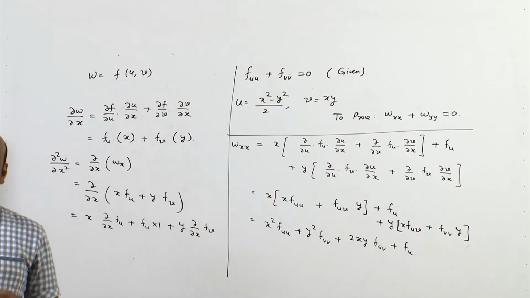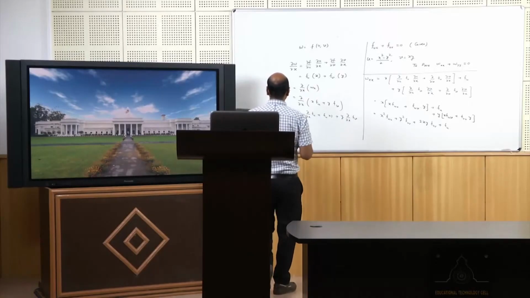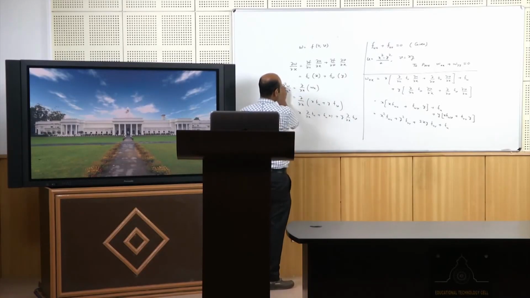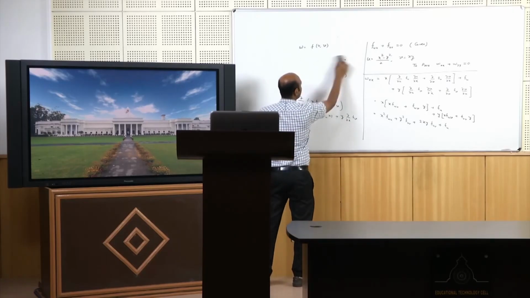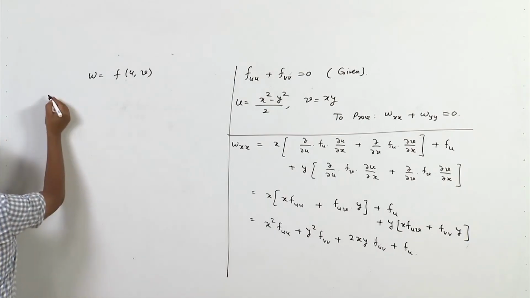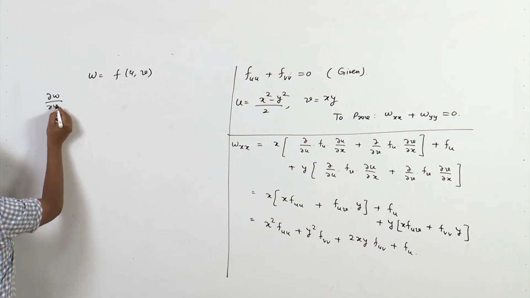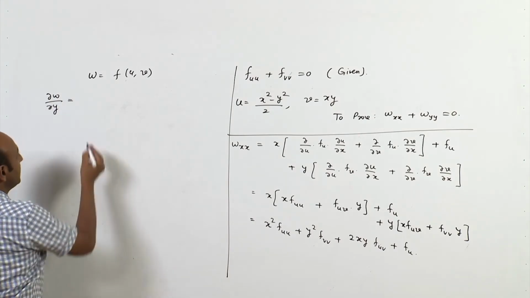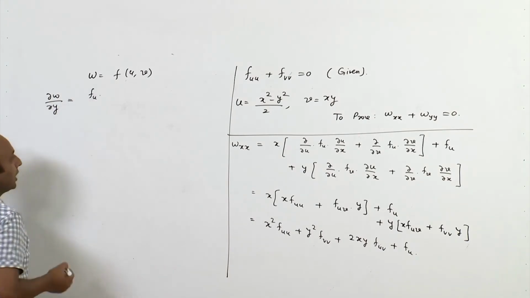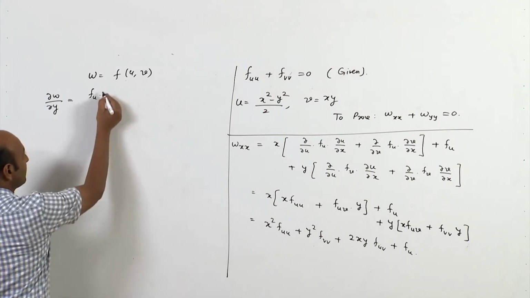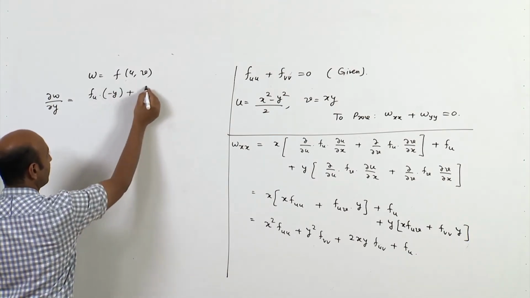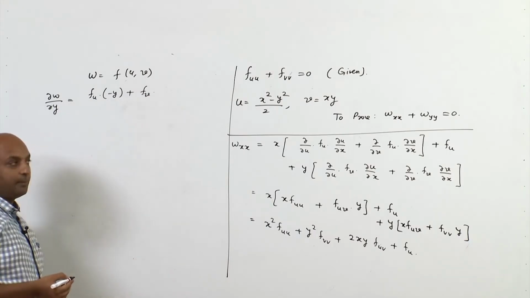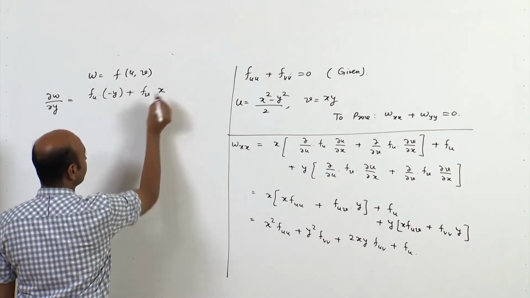Now similarly, we can compute del square w by del y square. So let us try to compute that also. First del w by del y, it is del f by del u into del u by del y, which is minus y, plus f v into del v by del y, which is x.